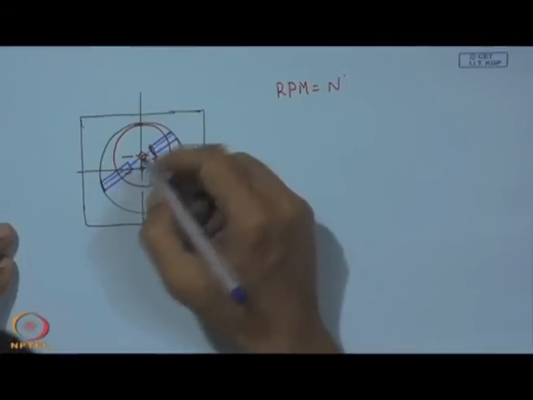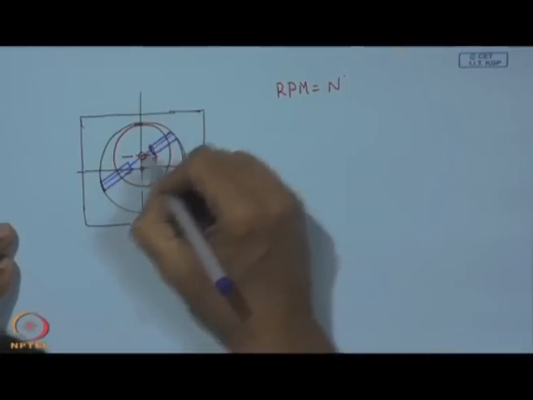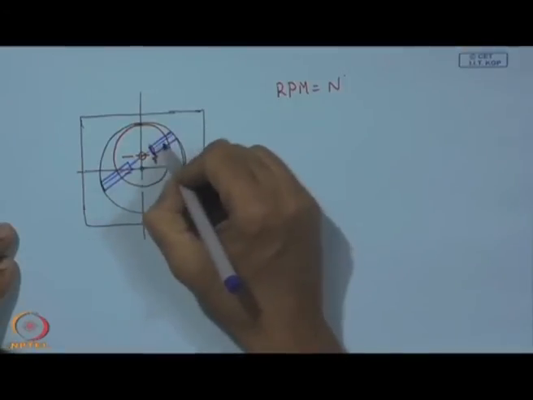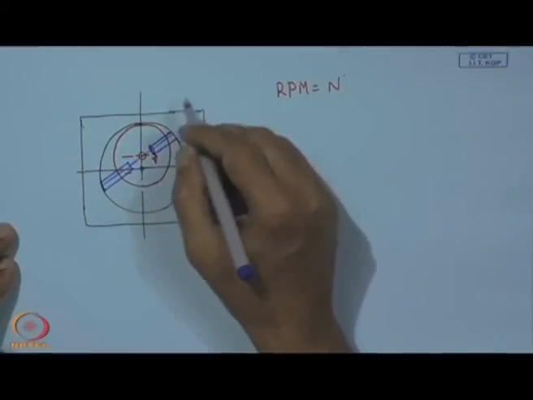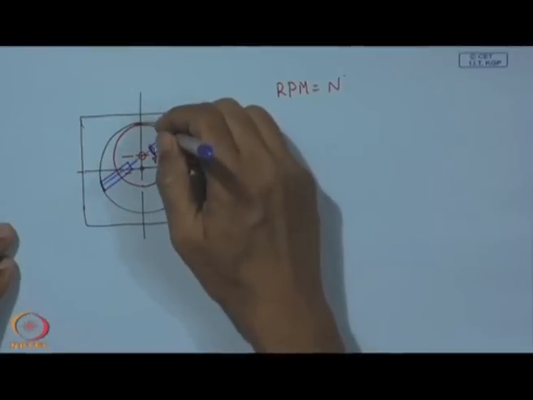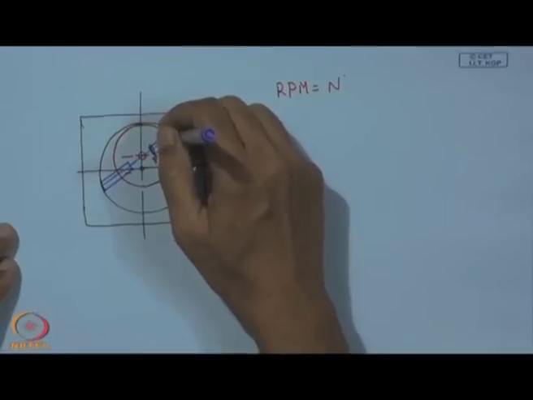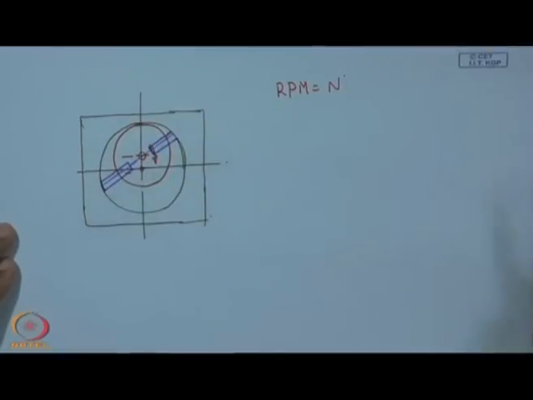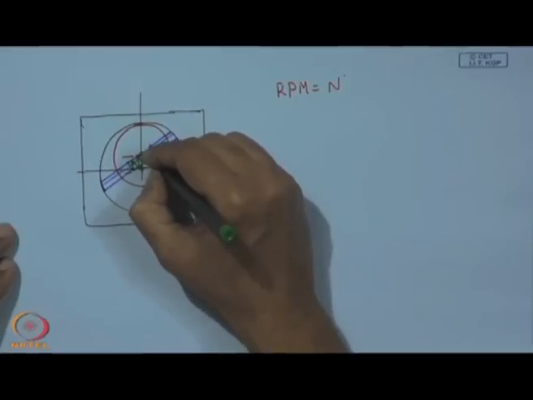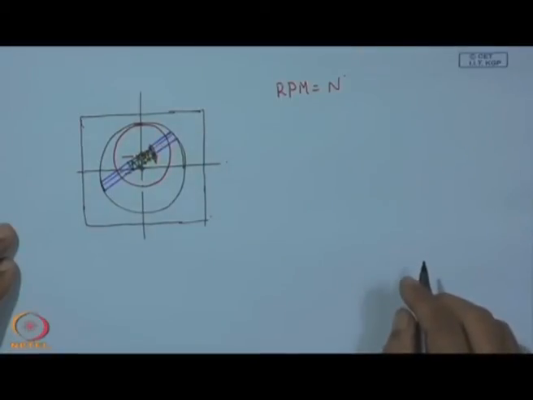So, what we see here, a slot is cut diametrically along one diameter, and in that slot we put two plate-like vanes. So, this is the thickness of the vane, and it has certain width normal to the plane of the paper, and in between we have a spring. So, this is the spring.